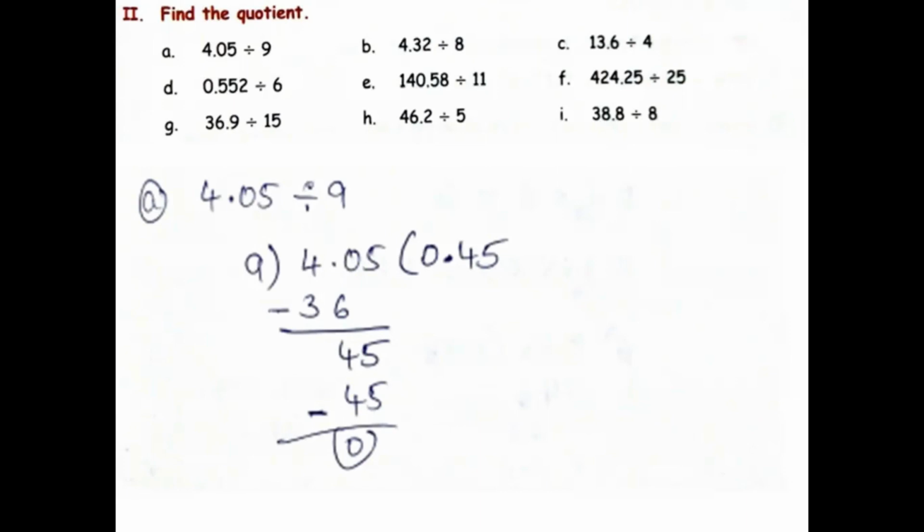We take 4.0. 9 fours are 36. 40 minus 36, the difference is 4. 5 as it is. 9 fives are 45. 45 minus 45, the difference is 0. Now the quotient is 0.45.